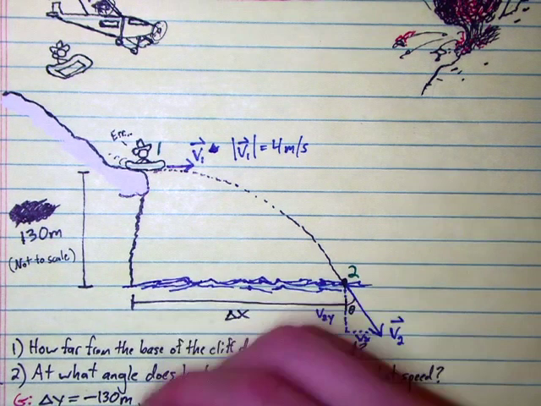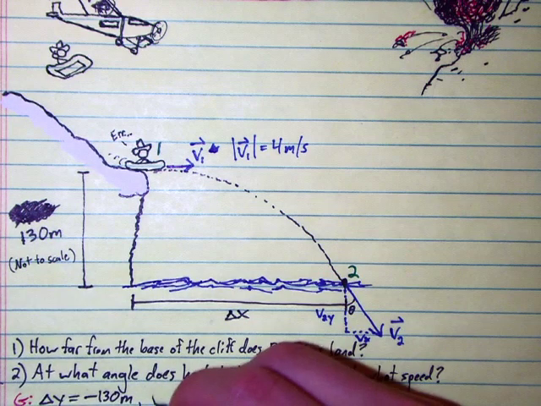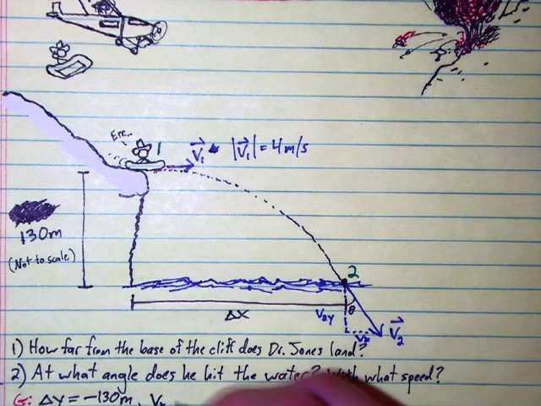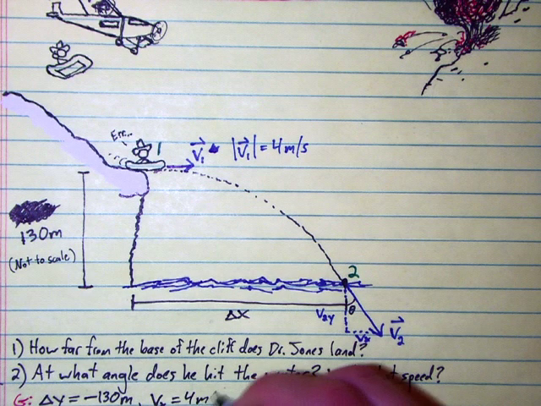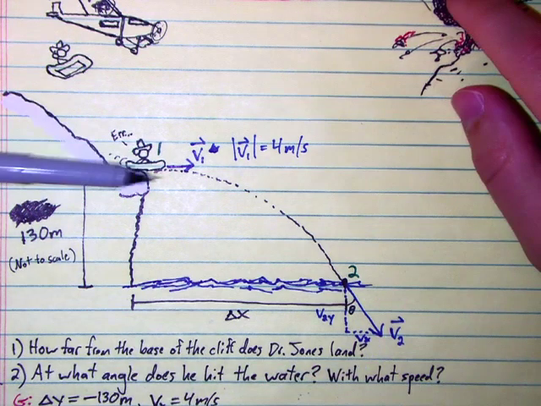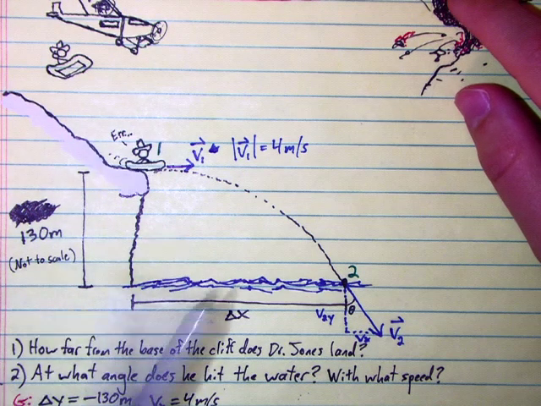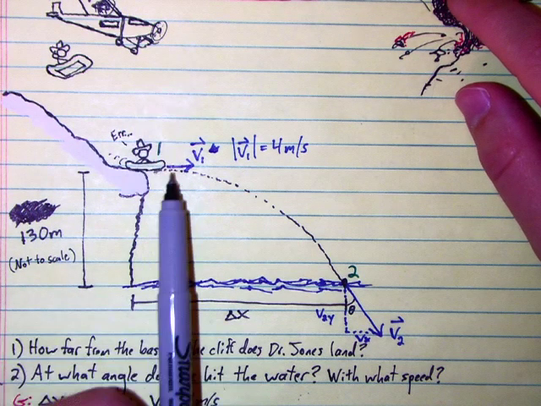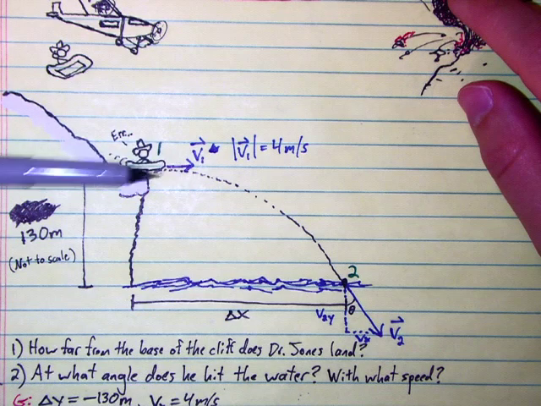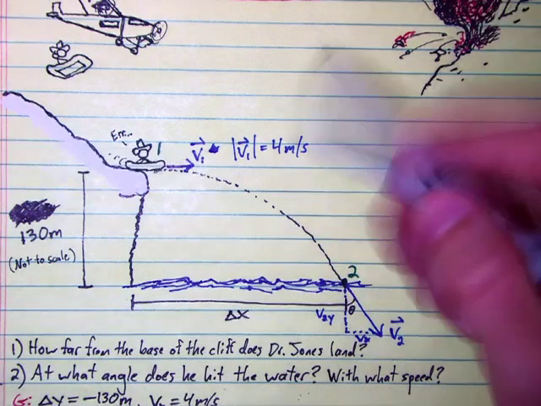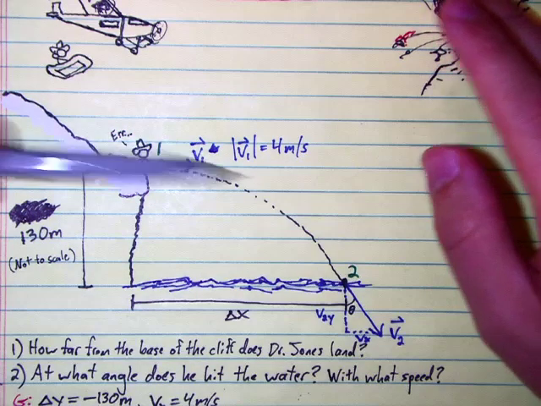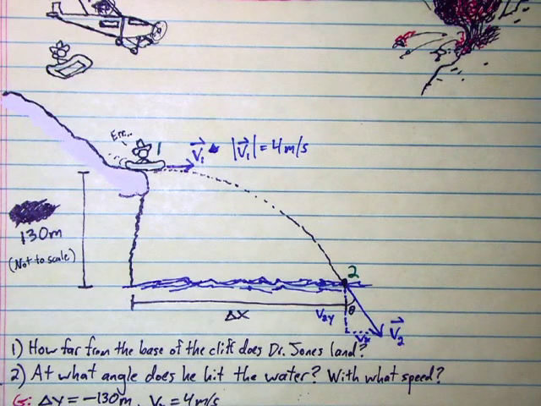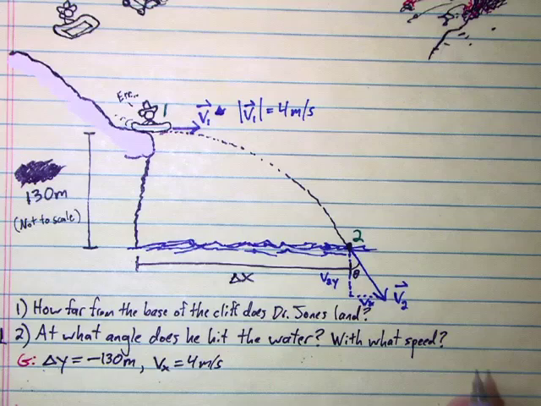Okay, so we know that Vx is going to be 4 meters per second because this is a horizontal launch. The initial y component of the velocity is 0. It's only moving in the x direction. So if the magnitude is 4 meters per second, that's all the x direction. So Vx is 4 meters per second.